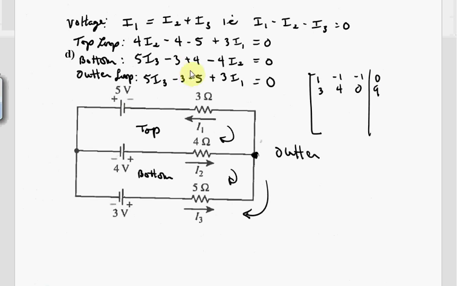Then for the bottom loop, there's no I sub 1. There's an I sub 2 is negative 4. I sub 3 is 5. And then this is plus 1. On the right side is negative 1. Here, I sub 1 is 3. There's no I sub 2. I sub 3 is 5. And this becomes positive 8 on this side.